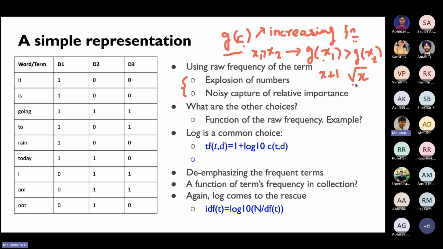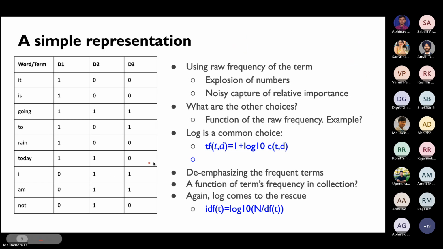Then the other function is log. So if you have to choose between square root of x and log, which one will you choose, and can you give some justifications for that? We said that instead of raw frequency, we'll use a function of the raw frequency. Now, suppose I have one choice, which is f(x) equal to square root of x, and when we say square root, we take the positive square root.